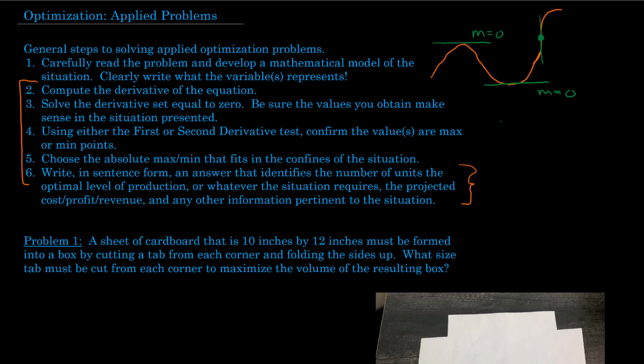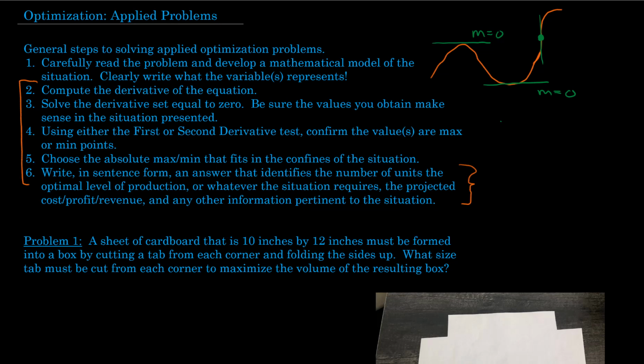What you're going to want to get into the habit of doing, and this is going to be very important as you move into your career, is become accustomed to giving an answer that identifies the question that was asked as well as other values or information that are related to the problem but maybe weren't the first question.